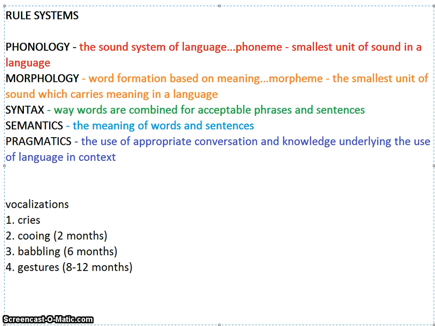In class, we'll talk about babies using sign language, but even things like pointing, trying to grab something, they're trying to communicate with you through their gestures, and that can pop up by 8 to 12 months. So within the first year of life, you're going to see all of these. We'll talk about first words, combinations of words in class, but this is the general order for vocalizations in the first year.